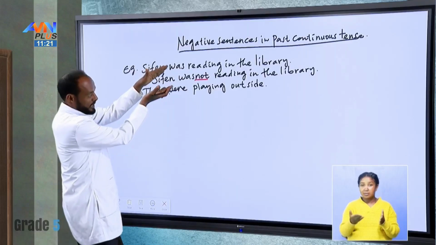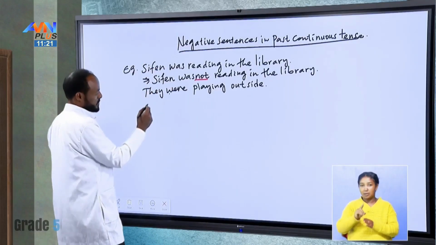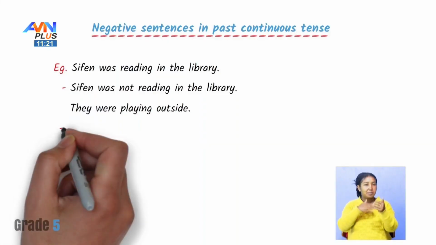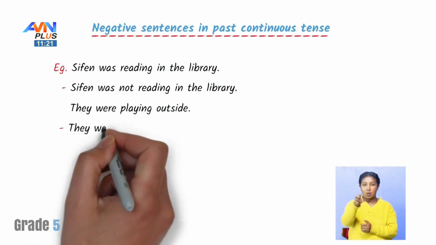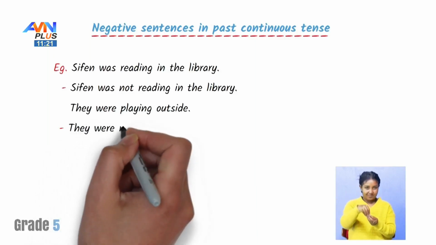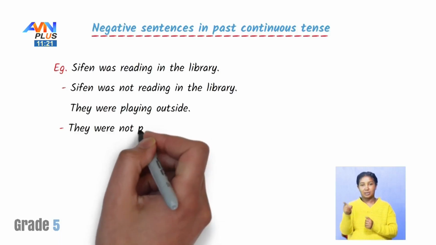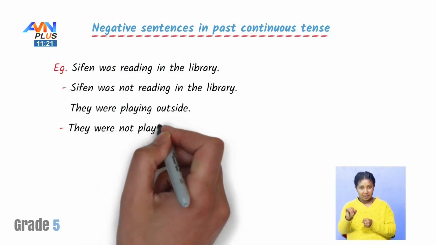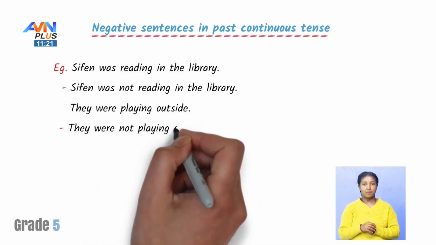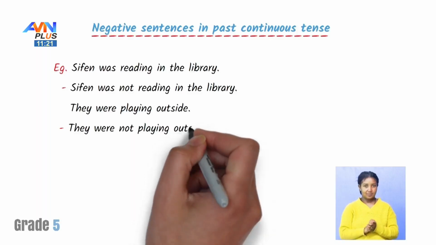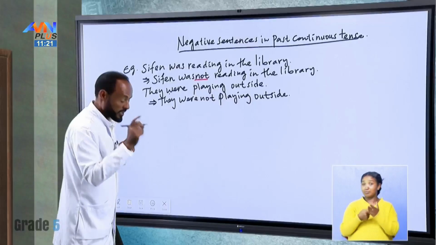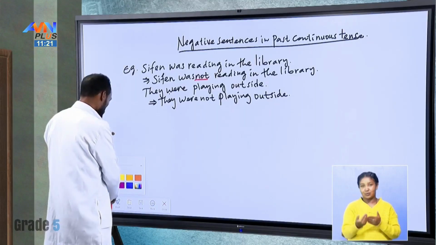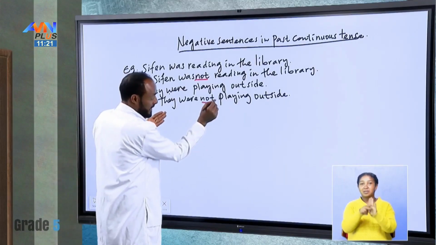According to this one, we have to change into negative by simply adding not. They were, yes, not. Look, not playing outside. I hope I'm clear. Good. Look here. So which one is the negative marker? Not.